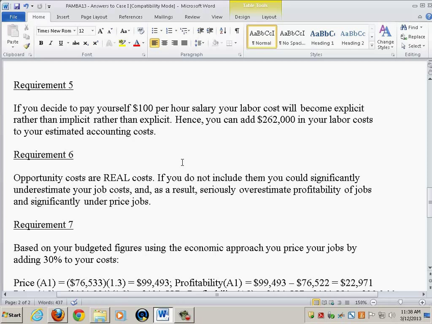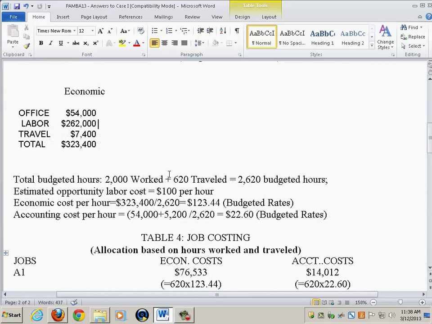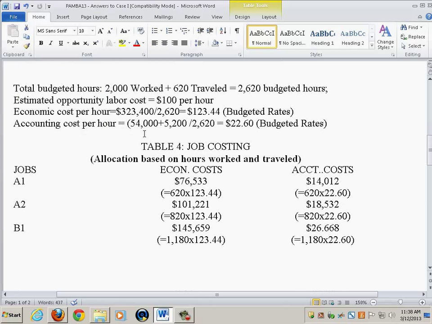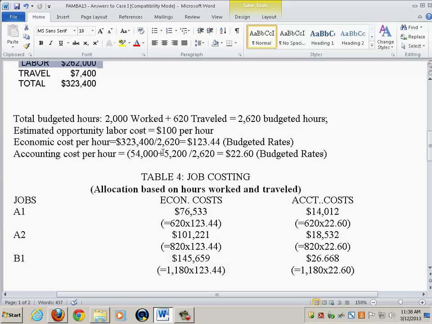It's objective, recordable numbers. So the accounting approach will now have much higher costs, because it will include the $262,000 as a salary. The only difference will be that it will include $5,200 as the cost of using the car, rather than the $7,400.